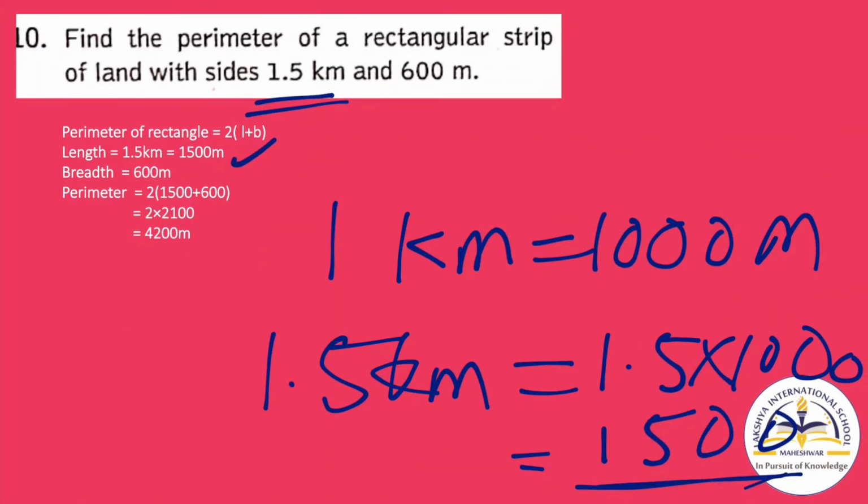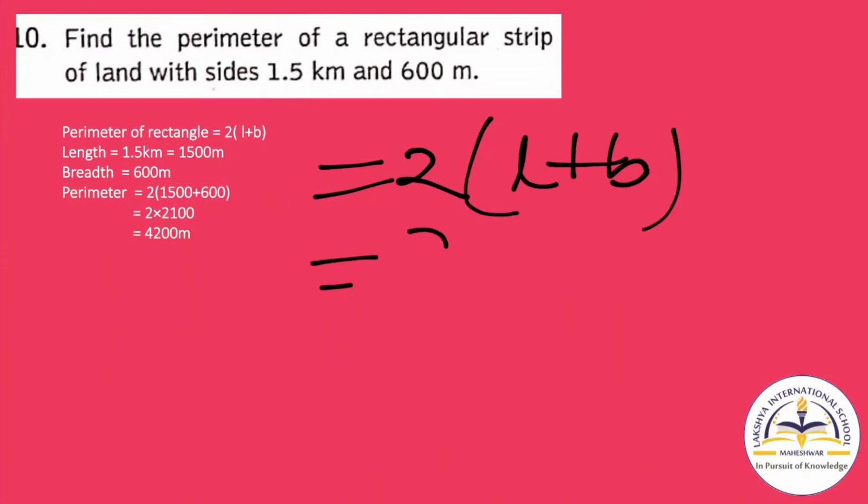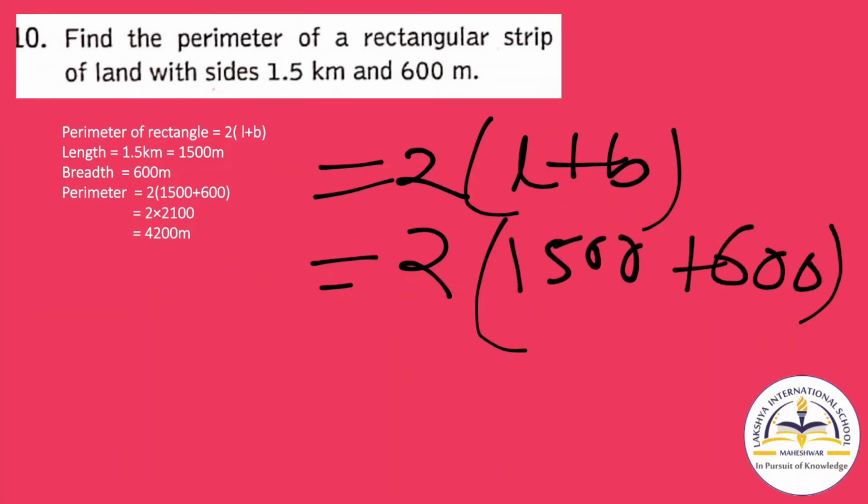This is the length, and 600 meter, that will be the breadth. So accordingly we have to put these values in the formula. The formula is 2 into length plus breadth. 2 into length is 1500 and breadth is 600.